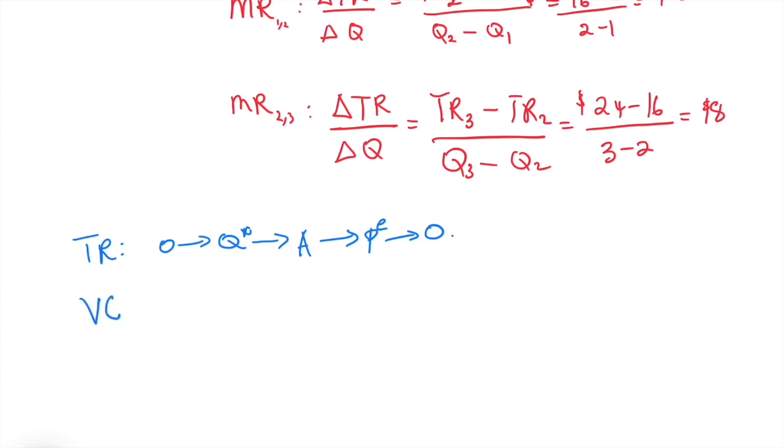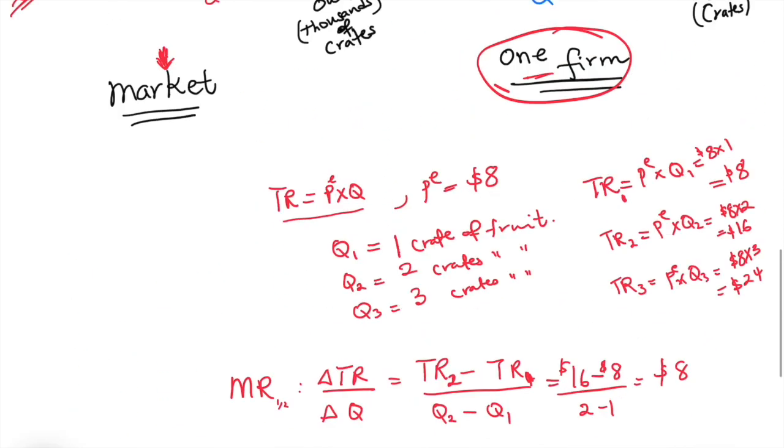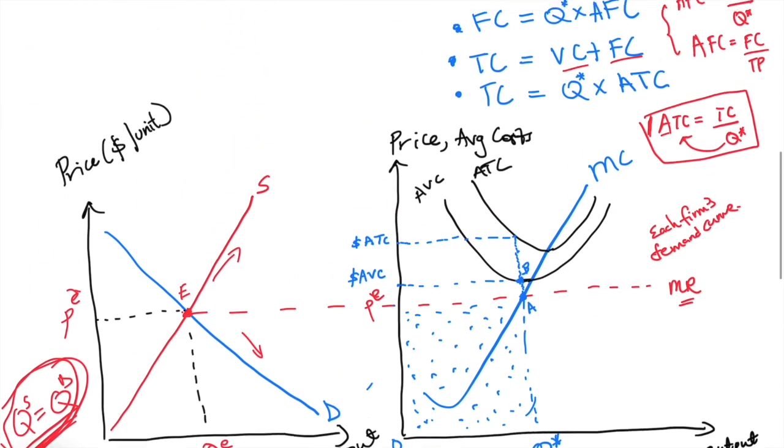So our variable cost will go from 0 to Q star to B to dollar value AVC, and then back to 0. If you notice, our total revenue doesn't entirely cover our variable costs.